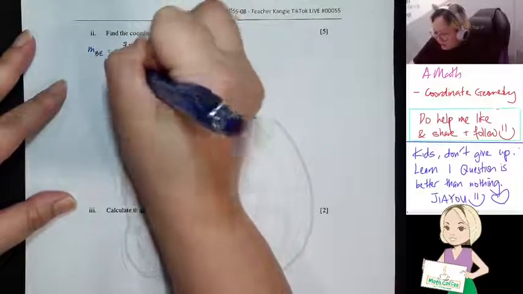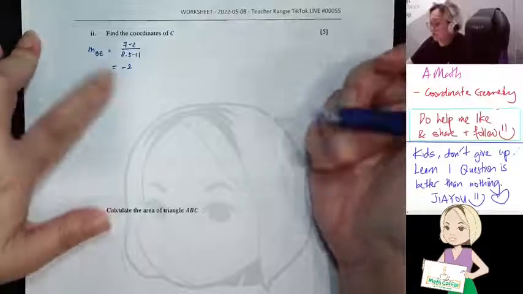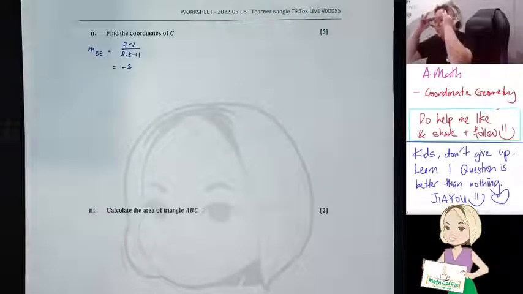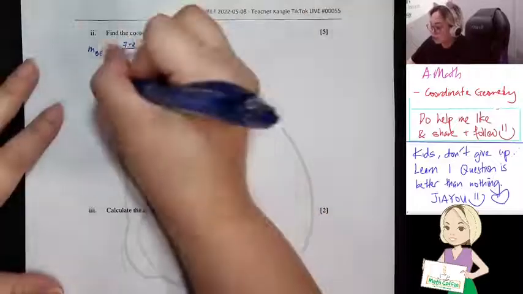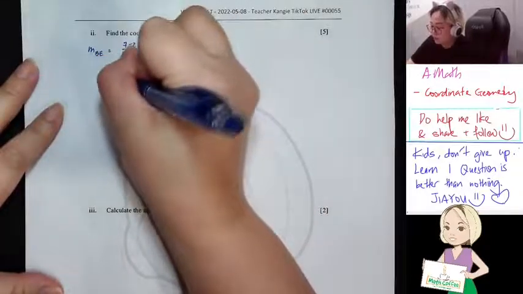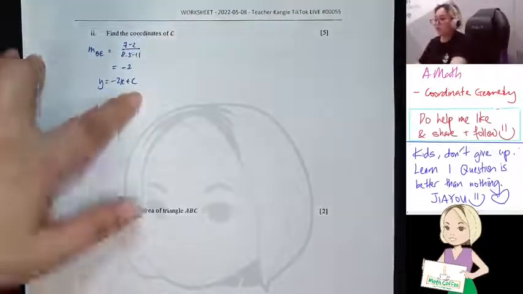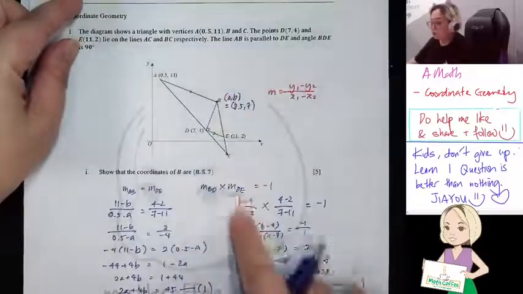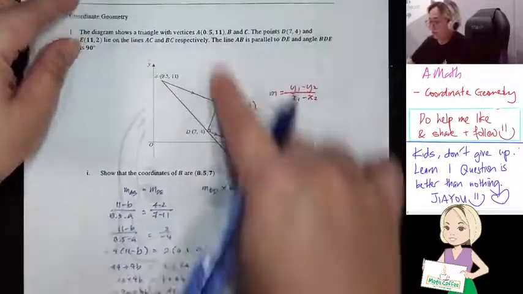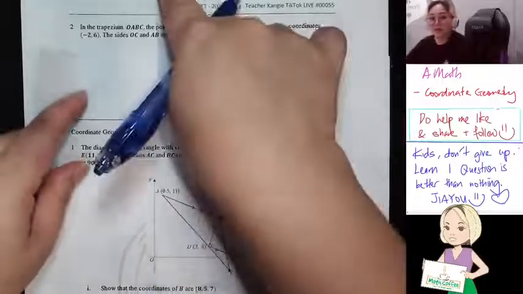I will get negative 2. Okay, so equation of a line, it must come into your head, always in the form of y equals to mx plus c. So it's y equals to minus 2x plus c. So what is c? My focus is, I'm finding BC. Do you have the y-intercept? You will not know. It's going to be a line that cuts so far away, whereby I don't know.